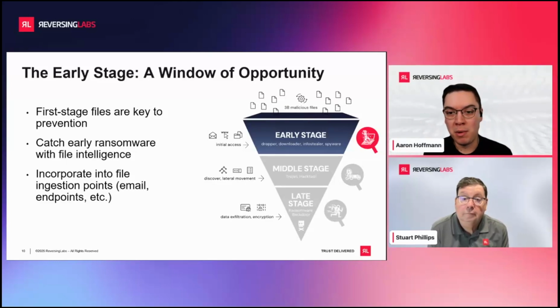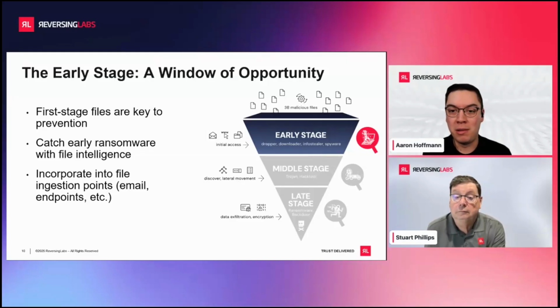For our purposes, we're really interested in the early stage where the attacker is just getting into the environment, especially for ransomware attacks. Typically, these things will start out with your typical info stealer type malware, downloader malware that goes and gets additional stages. But I would say the vast majority, there's almost always going to be some type of file involved with that early stage.